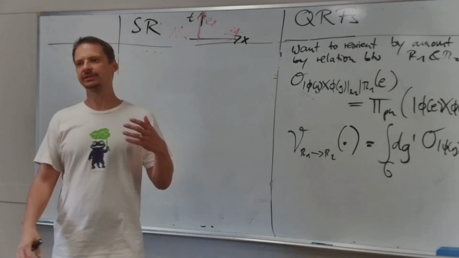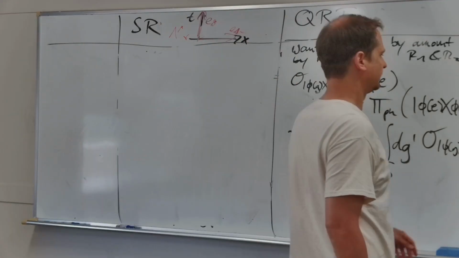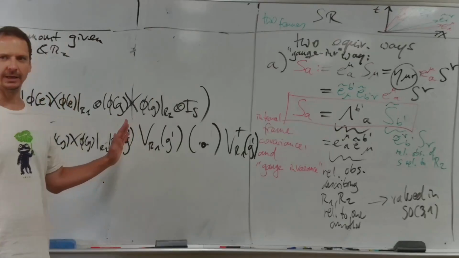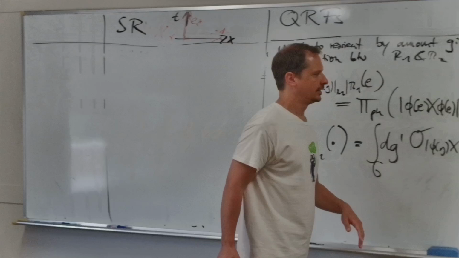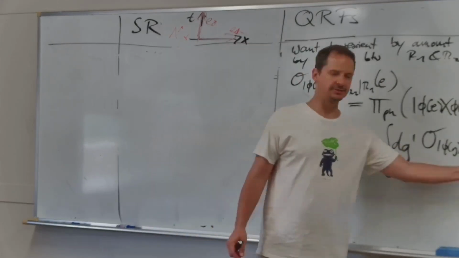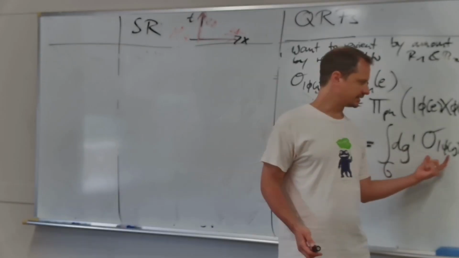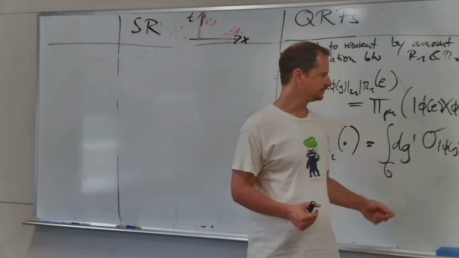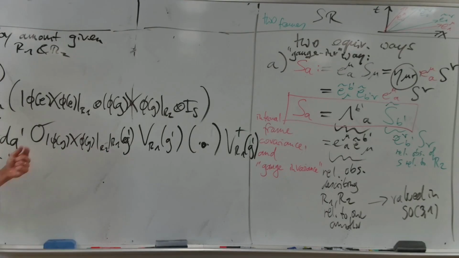So this is actually now a G twirl over frame reorientations. So an incoherent group average over reorientations, that's this here. And it depends on this relational observable here that describes the relation between the two frames. So I'm describing the orientation of the second frame relative to the first.